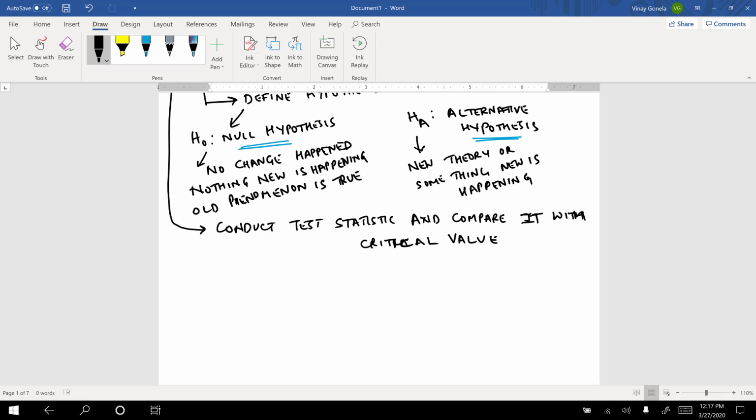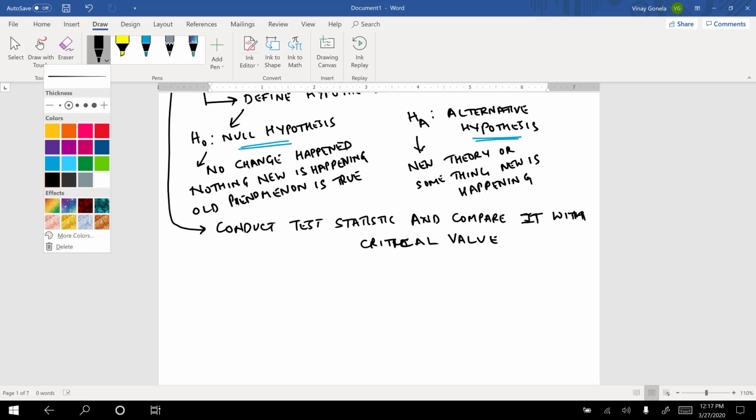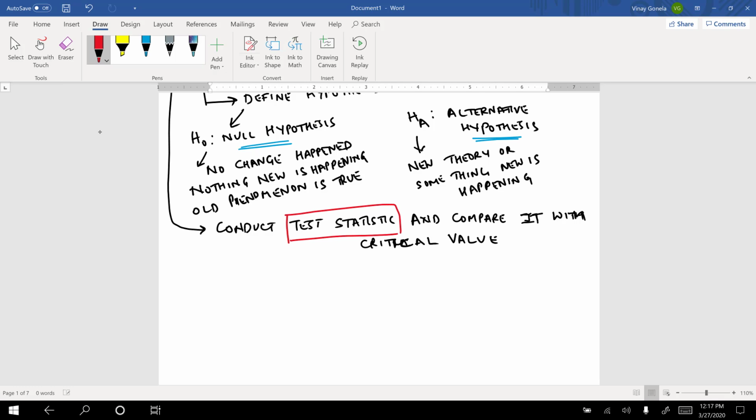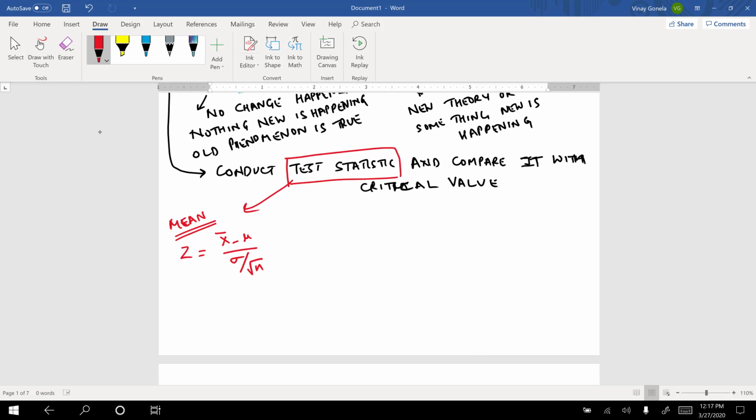So in this case, for the mean we have two test statistics. One is z, the z stat, and the formula would be x bar minus mu over sigma over root n. We discussed previously when to use z stat.